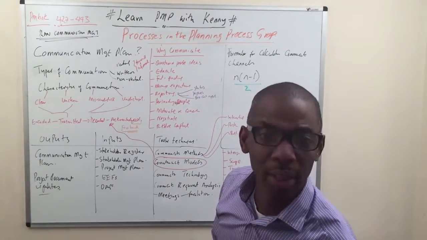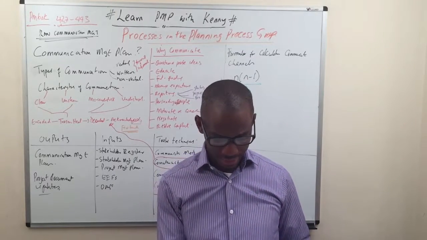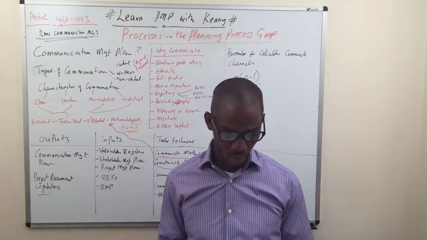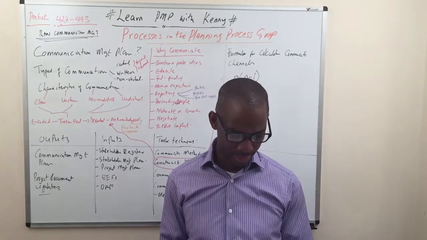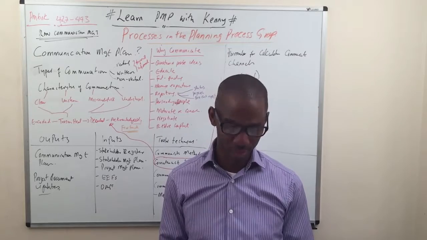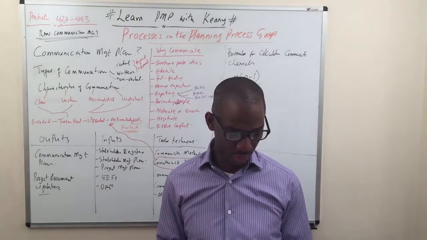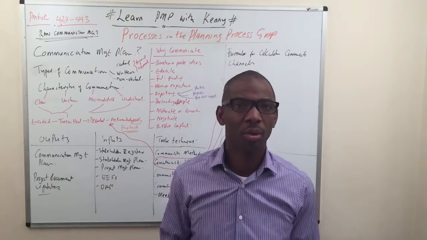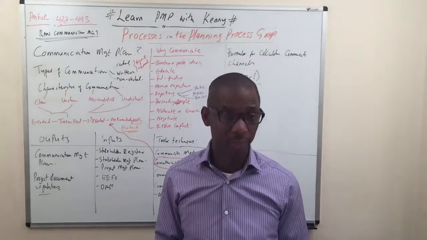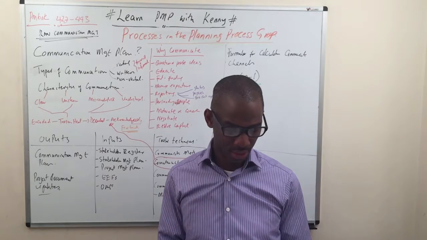I will quickly go straight to, according to the PMP guide, reading out exactly what plan communications management is. It says plan communication management is the process of developing an appropriate approach and plan for project communications based on stakeholders' information needs, their requirements, and available organizational assets.